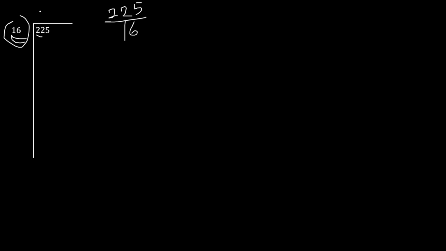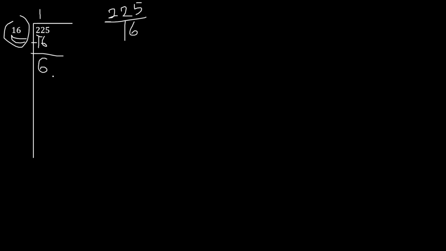That one goes 1, only one time. Then you multiply this by this, it makes 16. Are you getting me? Then you subtract it. So 22 minus 16 should be 6.